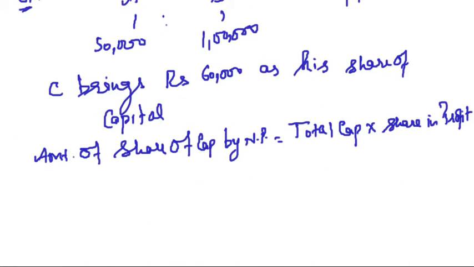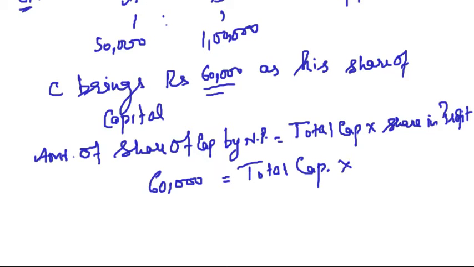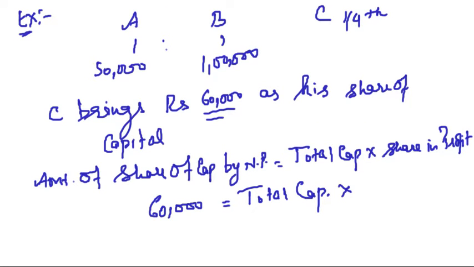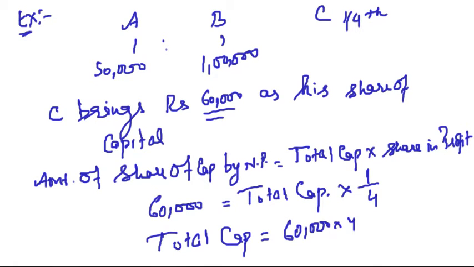Here also the share of capital by new partner is total capital into share in profit. What we are given is the share of capital by new partner, 60,000, but the total capital is not given. Total capital into his share in profit, 1/4. So we can identify the total capital. This comes to 60,000 into 4, rupees 2,40,000.